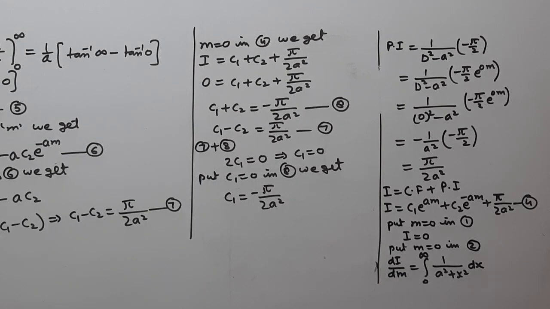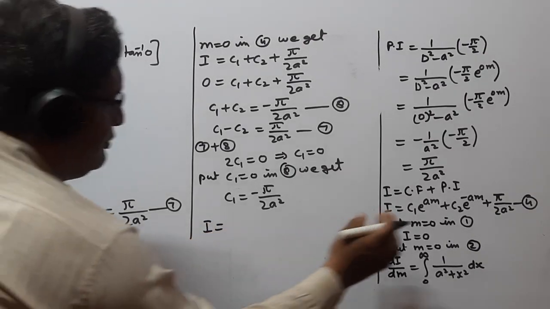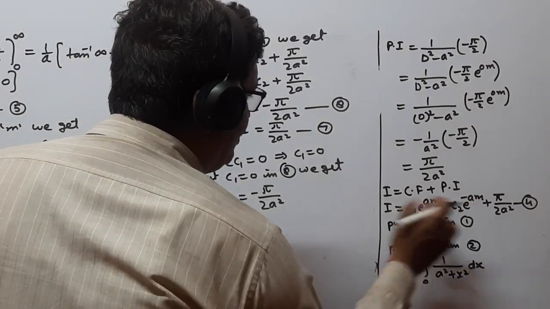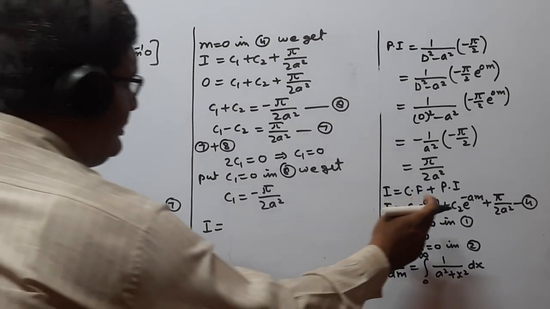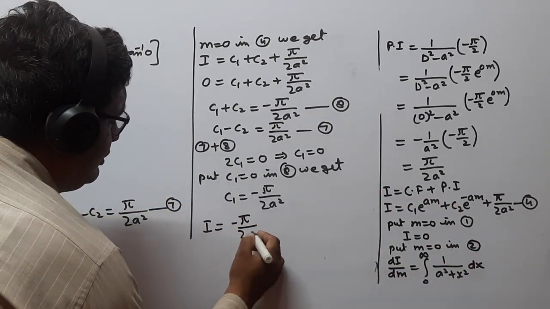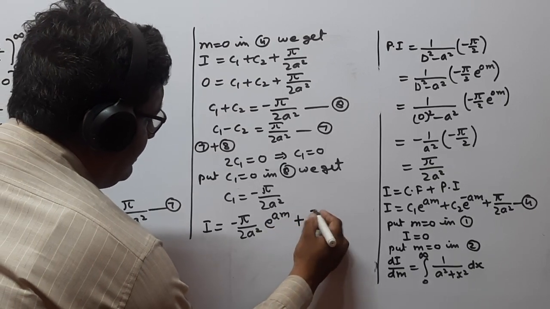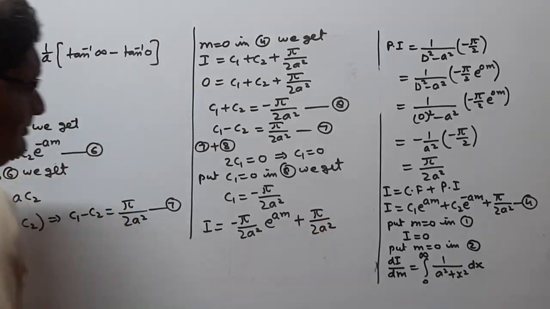So the solution of the second order differential equation is, here put the values of C1 and C2 in equation 4. So C2 is 0 here and C1 is minus pi upon 2a square e to the power am plus pi upon 2a square.